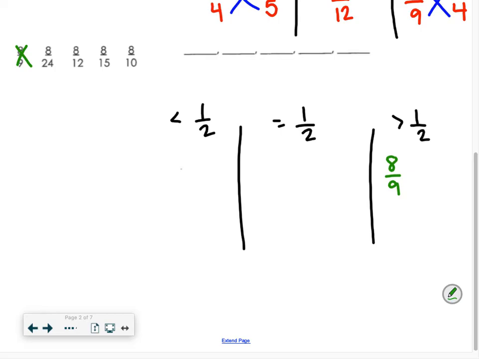What is 24 divided by 2? 12. So if I have 8, is that greater or less than? Less than. Right? Because 8 is less than that 12 that you just told me was half. She said 8 over 12. Oh, sorry. Thank you.